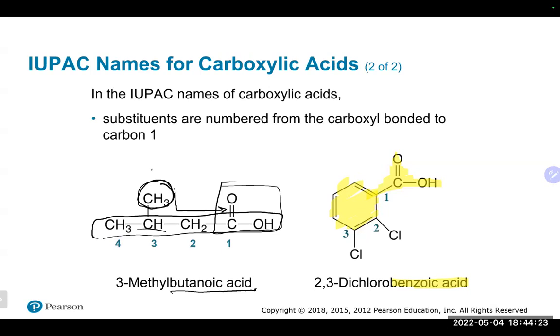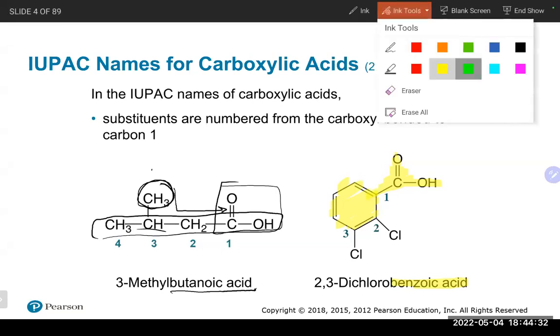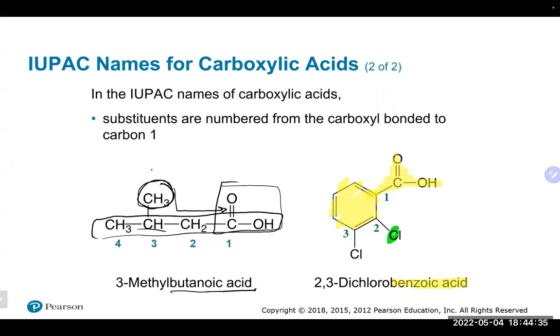Now you can see we have a couple of other groups attached, and those are a couple of chlorines. We have a chlorine here and a chlorine there. Because we have 2 chlorines in the same compound, that is the dichloro part of the name. And because the carboxylic acid group takes the priority, the carbon it's attached to would definitely be carbon number 1 on the ring.